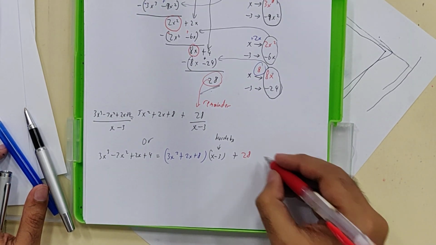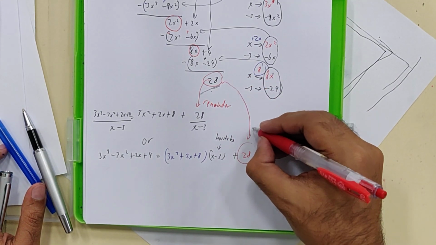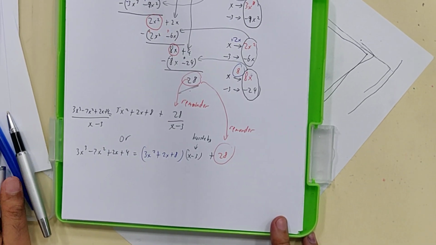You plus with the 28. Where does this 28 come from? The remainder. That's all.